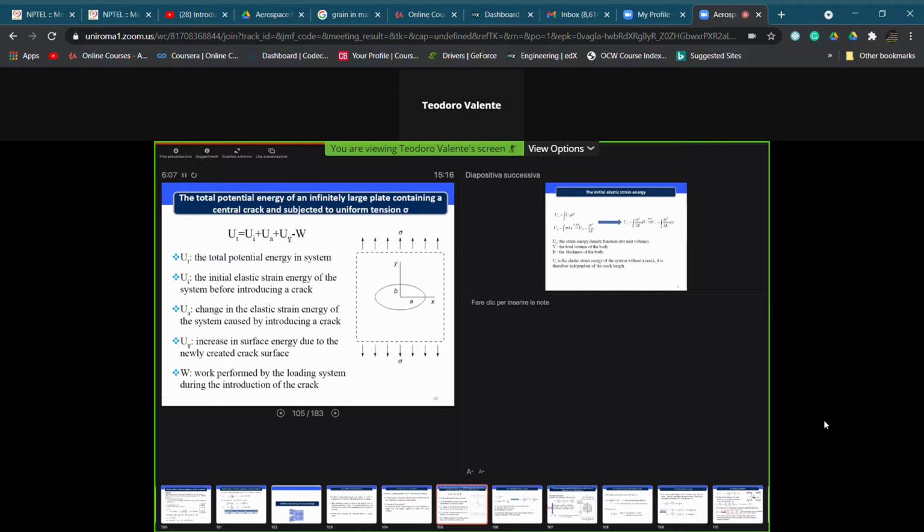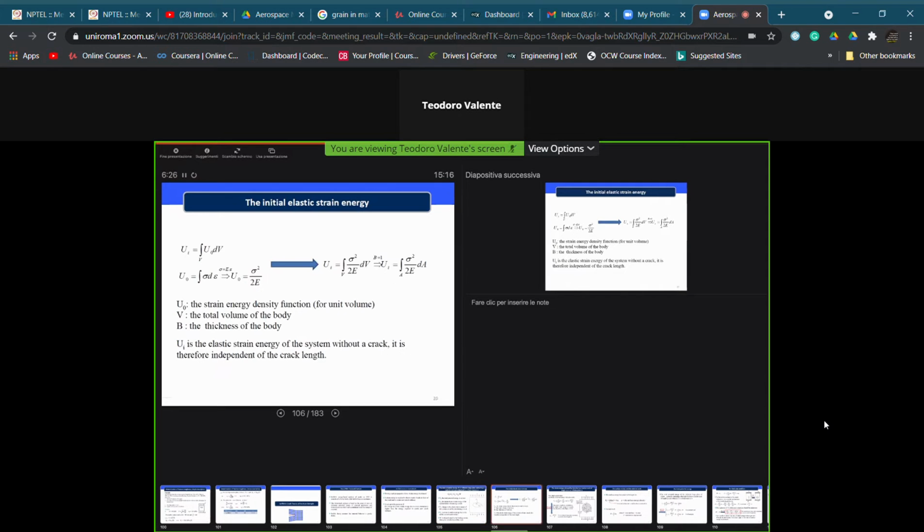Thus, we can very easily write that the total potential energy in this system is equal to UI plus UA plus U gamma minus W, that is, the work performed by the loading system.